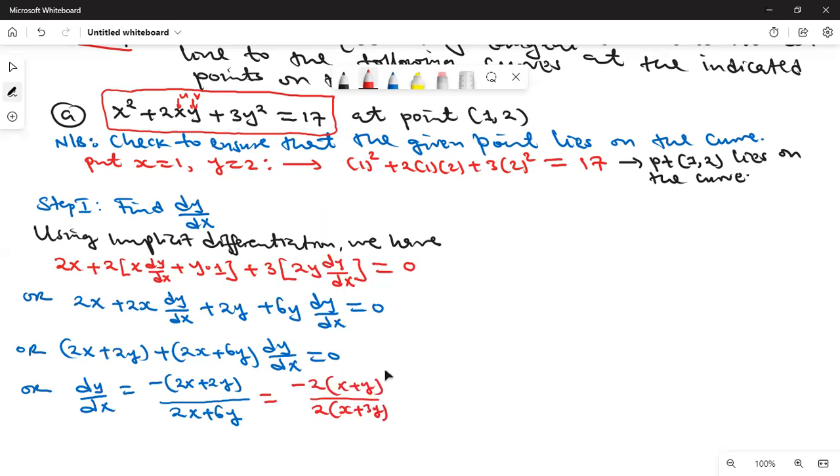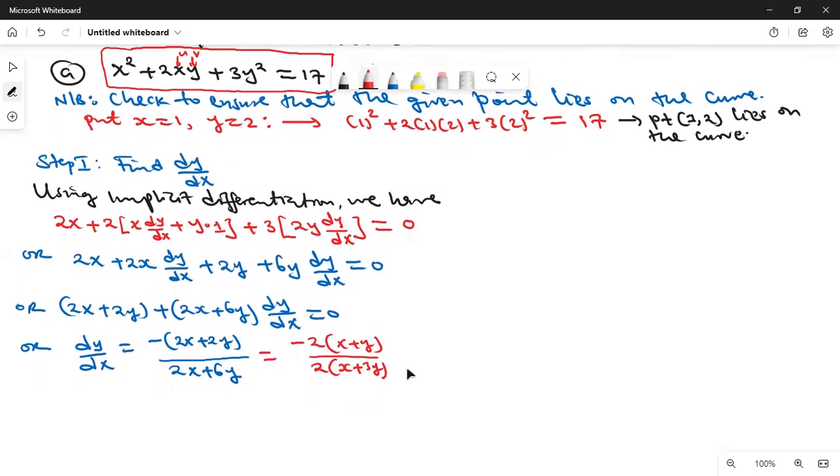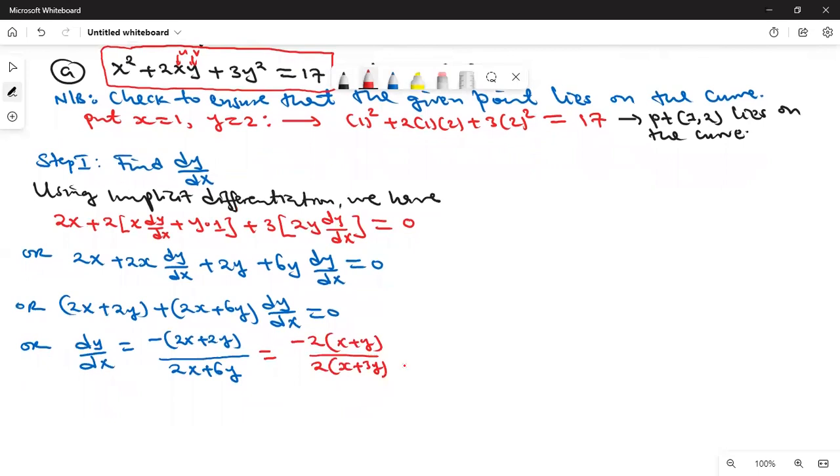And so the 2 will cancel in the numerator and denominator to give us, therefore, dy/dx is equal to negative of x plus y over x plus 3y. So that is our dy/dx. So that's the first step. The next step, you find the slope of tangent and normal lines.